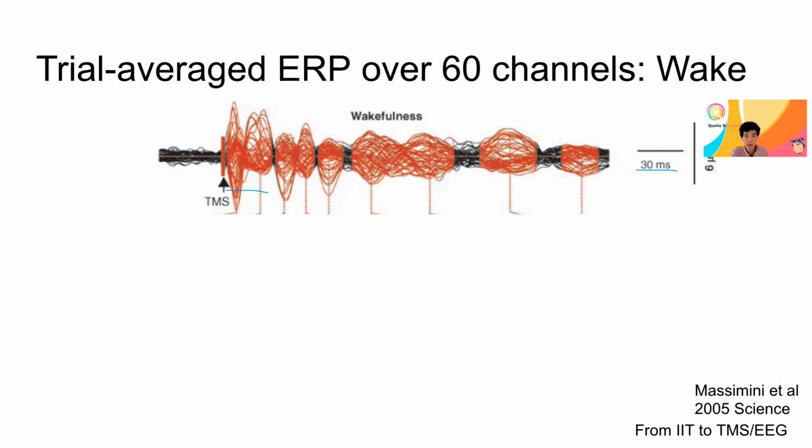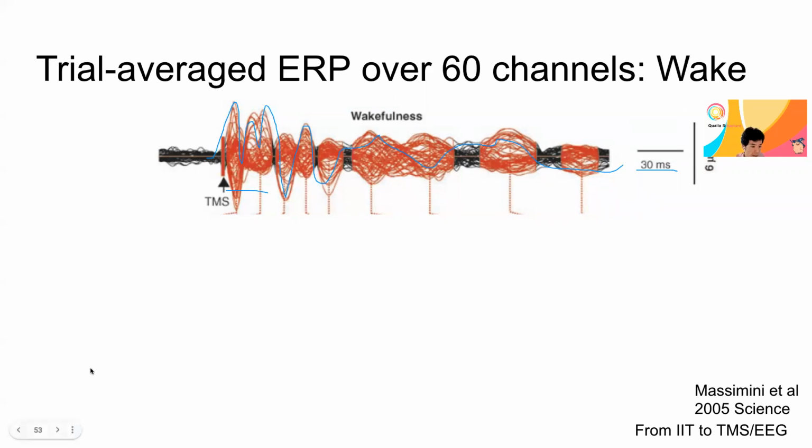Each line corresponds to each channel's response mean over the trials. What I showed in the last figure is one particular channel's response, which corresponds to something like this. But now all 60 channels are presented at the same time, and that's why you see lots of lines here.